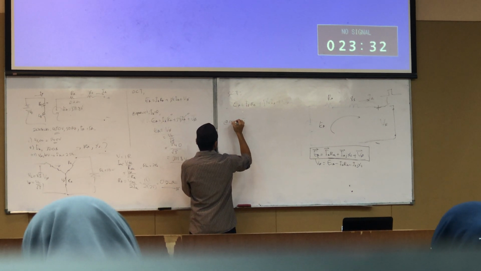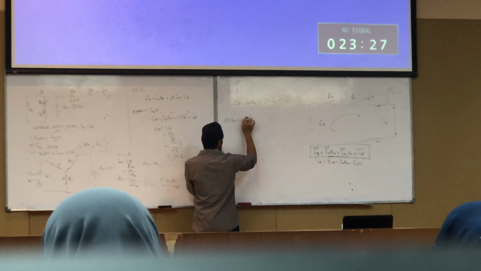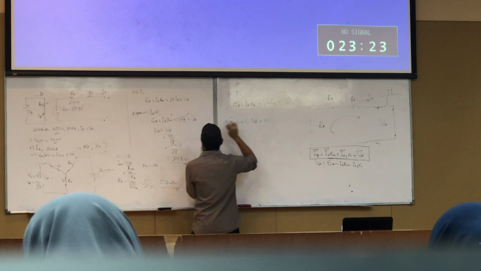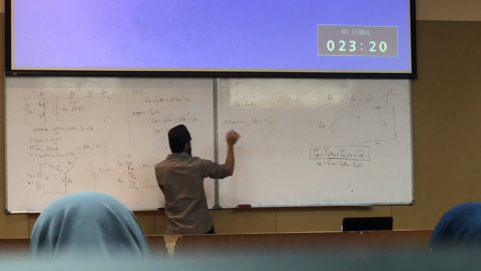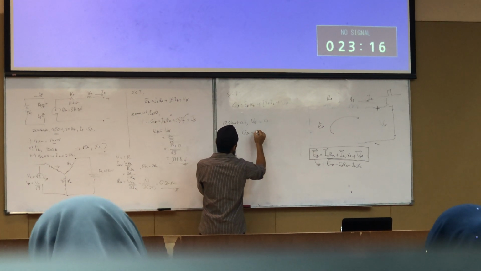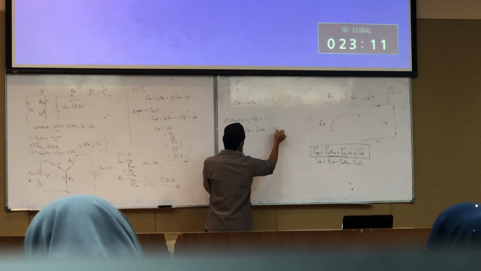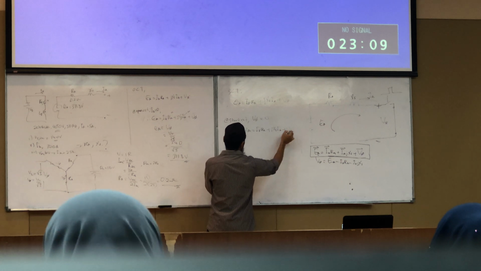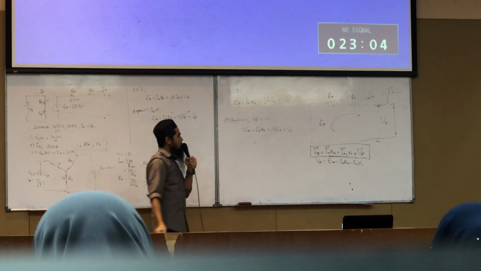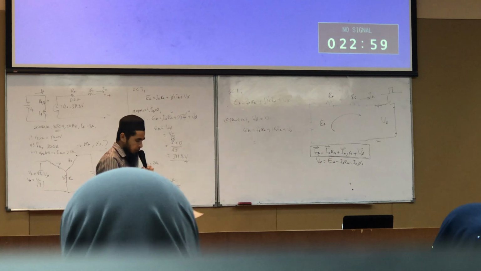At short circuit, V phase will be 0. You short the circuit, V phase will be zero. So EA equal to IARA plus jXSIA plus V phase, which is 0. So the remaining is only IA XS.